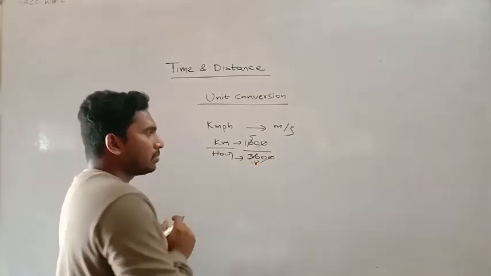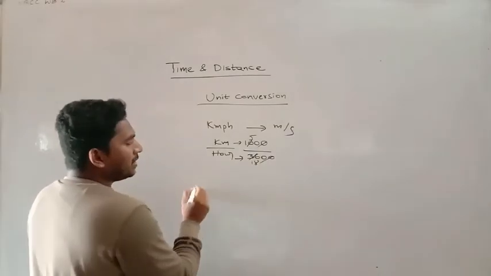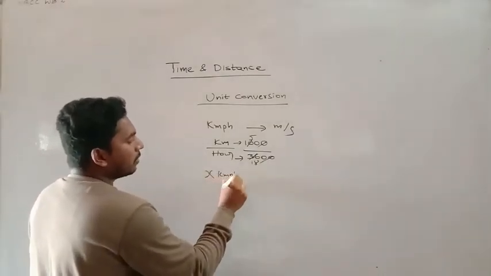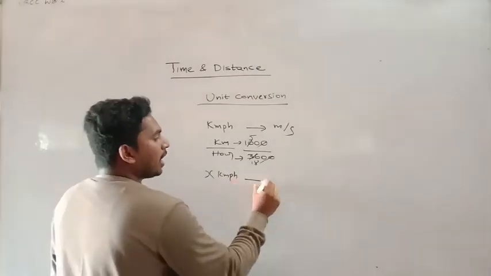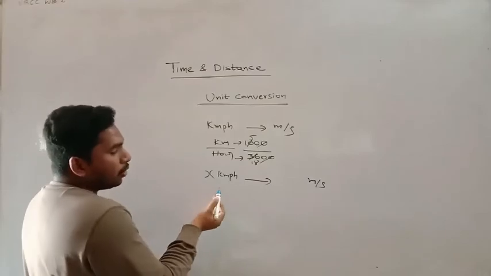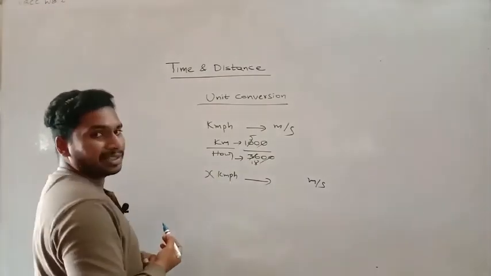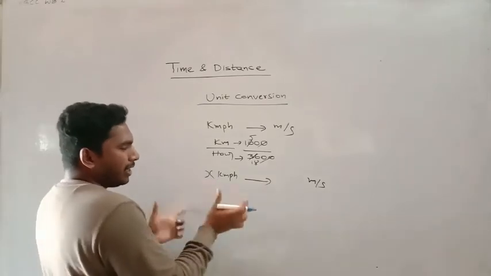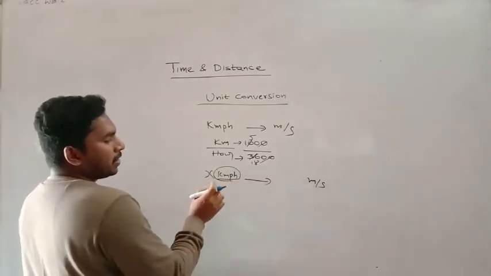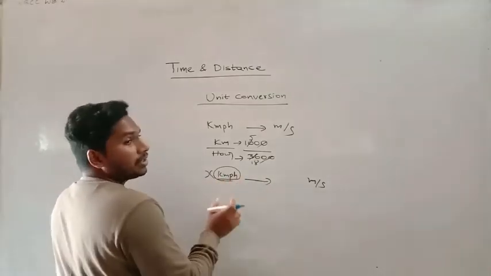5 by 18. So if some x kilometer per hour is given, in order to convert it into meter per second, you have to multiply it with 5 by 18. We are not doing anything special here, just converting kilometers into meters and hours into seconds.